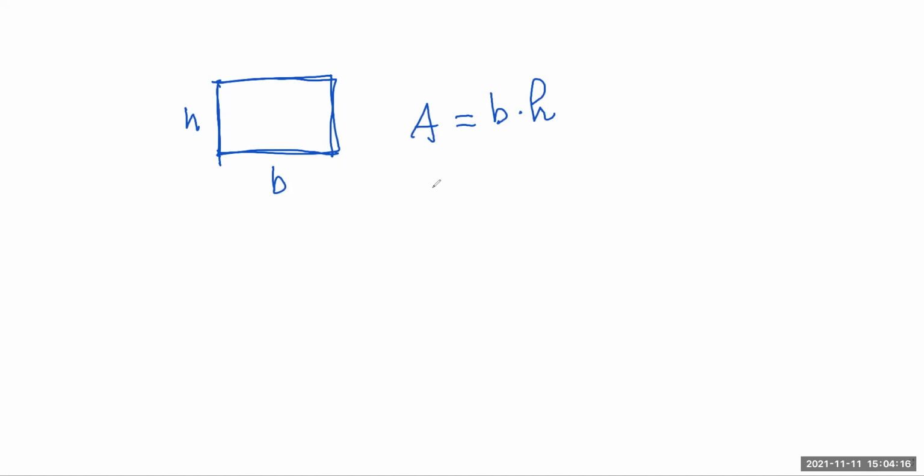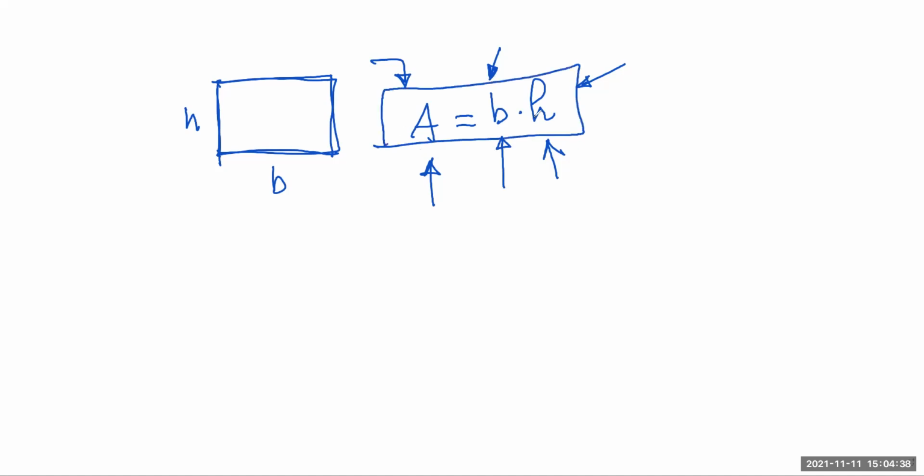But if you know the area and the base, then you'll be able to calculate the height, right? Or if you know the area and the height, then you'll be able to calculate the base, right? Because this is the equation.